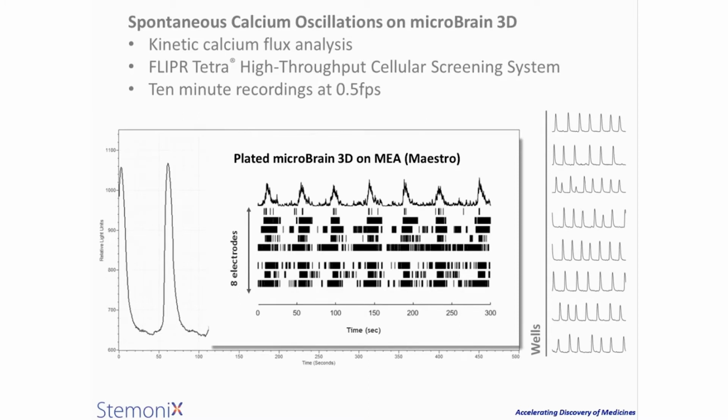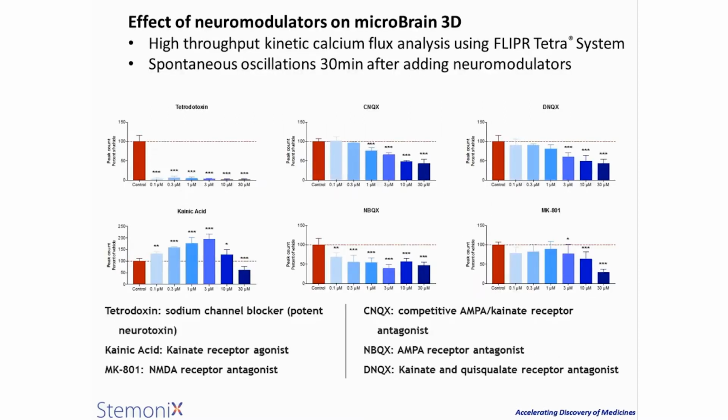What we're observing on FLIPR, when you see these oscillations in the calcium, is this massive synchronized signal going through the whole sphere. It means connectivity. We have a time of maturation before these signals start to happen in these spheres, but when they start, we observe them all across the whole 384 plate, and moreover, very homogeneously between the different wells.